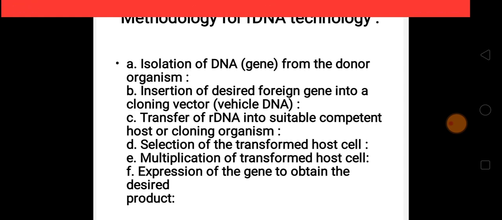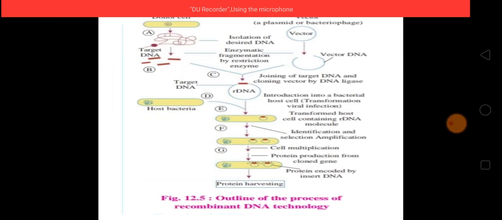So how does the methodology take place? The figure shows the desired gene being introduced into the plasmid vector and multiplied, and then transformed into the suitable host.